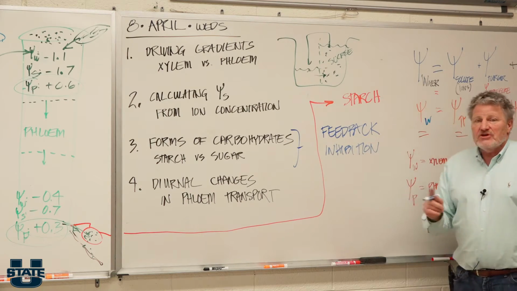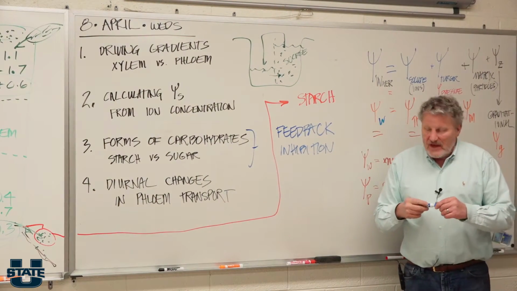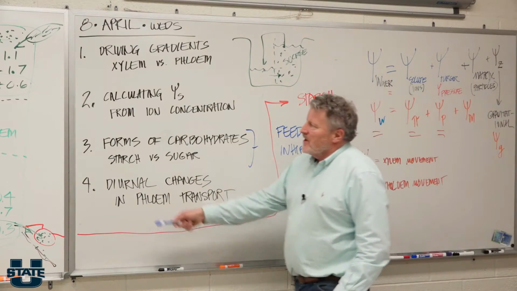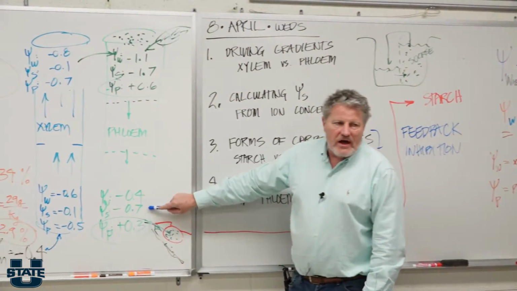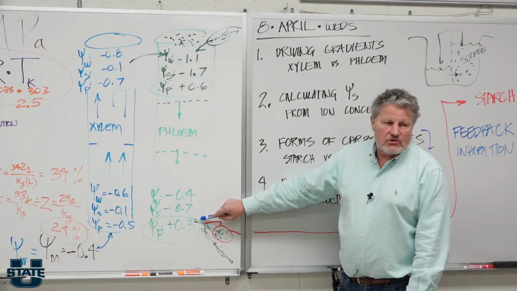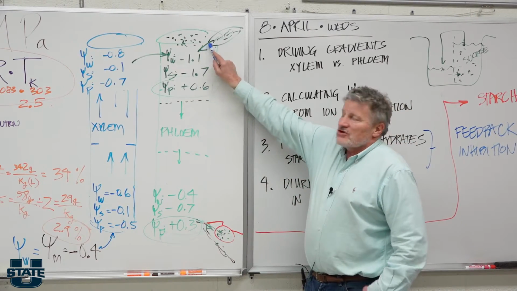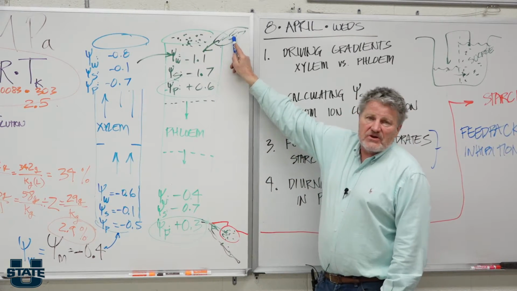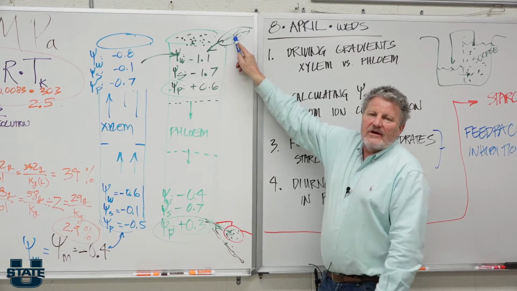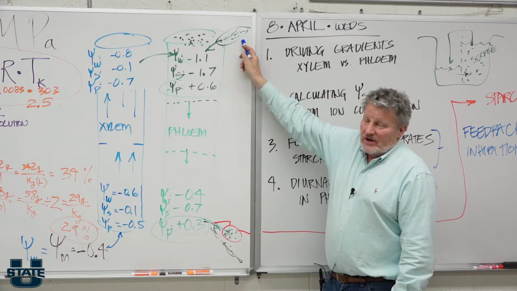It's feedback inhibition of photosynthesis. The system gets clogged up. This freeway down here, it can't move sugars fast enough. It gets clogged up here, they get clogged up in the leaf, boom, and photosynthesis slows down.